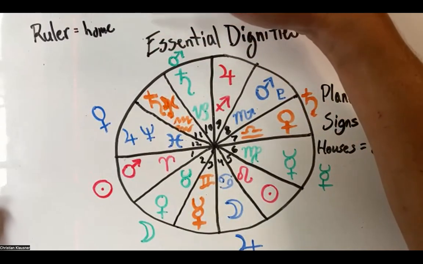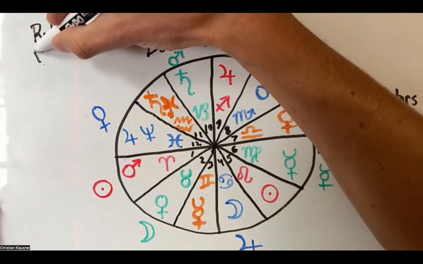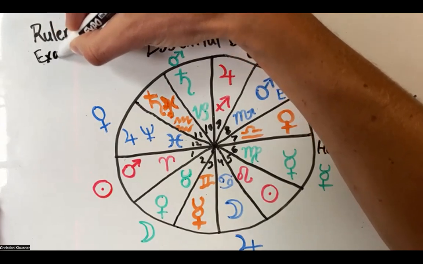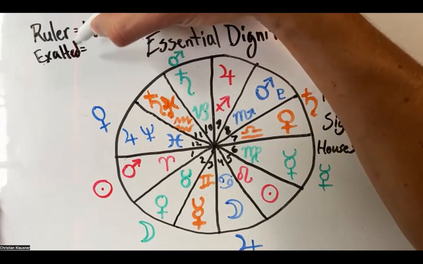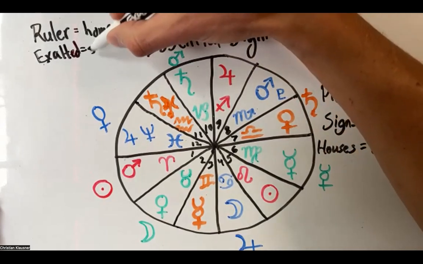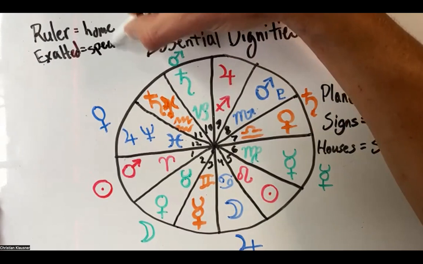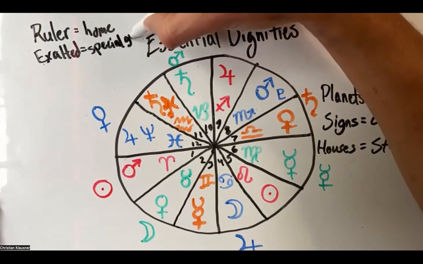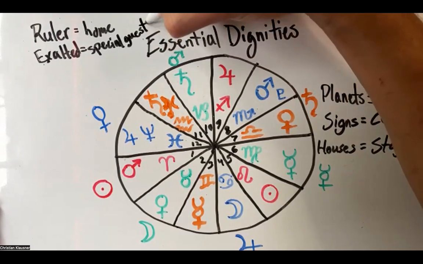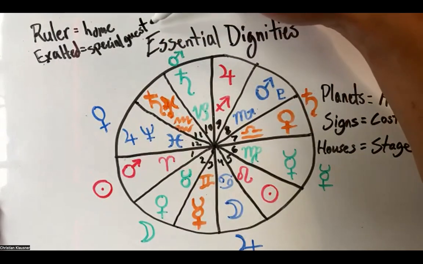And it's really where the planet feels the best. Exalted is, it's not home, but it's a special guest. So it's like when you go somewhere and you're a special guest, you feel great there, but you're not going to stay there forever because it's not your home. You'll enjoy being there. You'll probably prolong your stay for as long as you can.